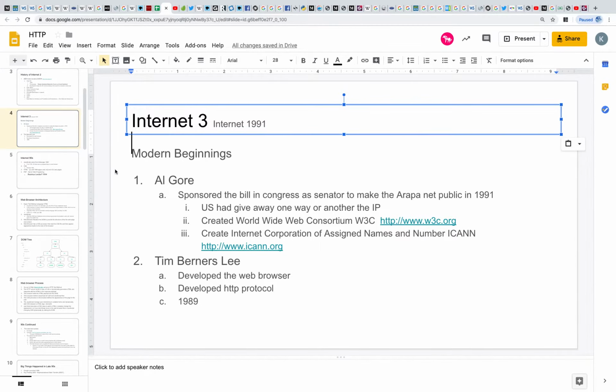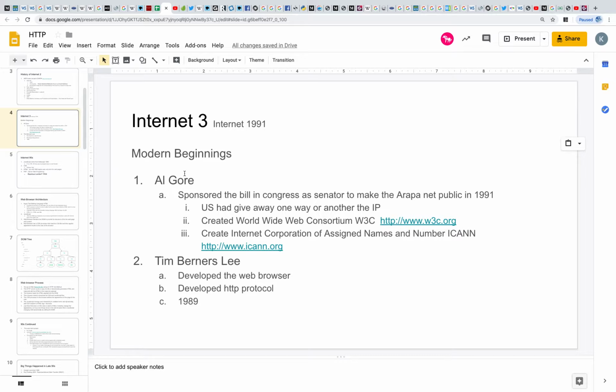Up until this point, only universities and military installations were hooked up on ARPANET.